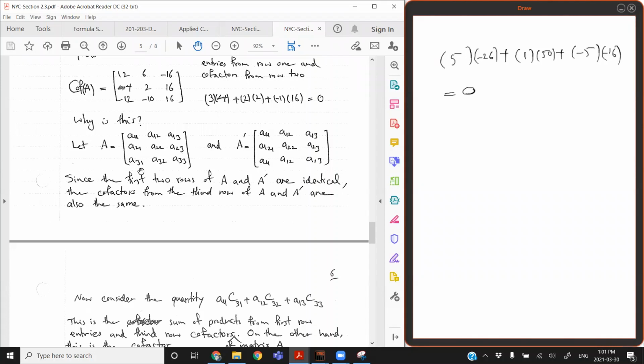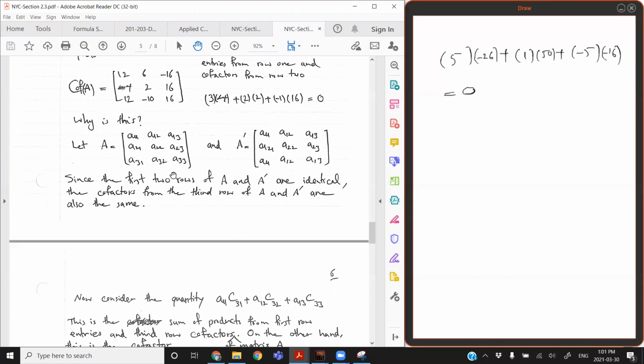Because, for example, the cofactor for this position is going to be plus the determinant of the submatrix here. But the submatrices are the same: A12, A13, A22, A23, and A12, A13, A22, A23, because the first two rows are the same.